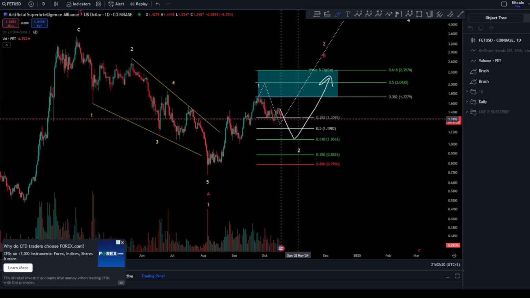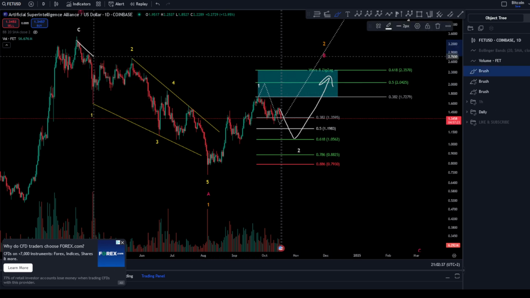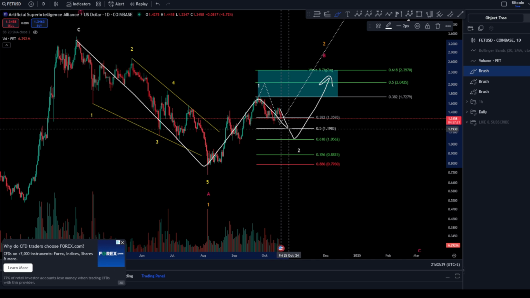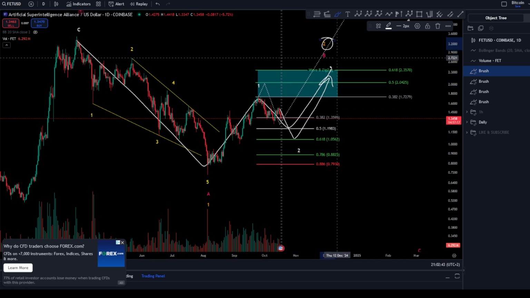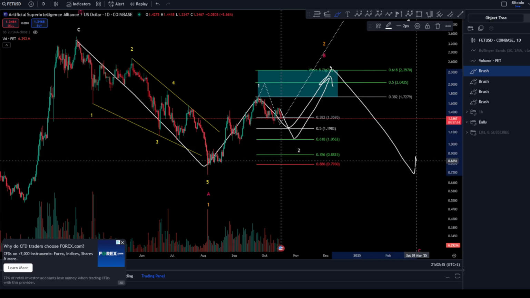Now, in case you are short-term bearish, you are looking at 1 and then A, B, and a C as a zigzag for a wave 2 here, then continuation towards the downside.